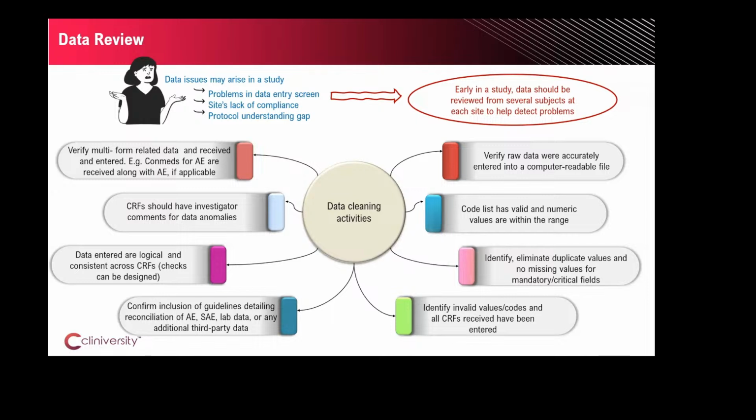Then there could also be range checks that could be designed to identify statistical outliers. These are values that are physiologically impossible or outside the normal variations for a population under study. Consistency checks can also be designed to identify potential data errors. For example, checking the sequential order of dates, corresponding events, missing data noted to exist elsewhere.